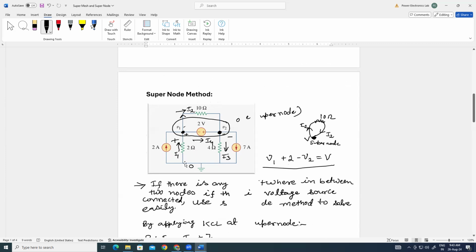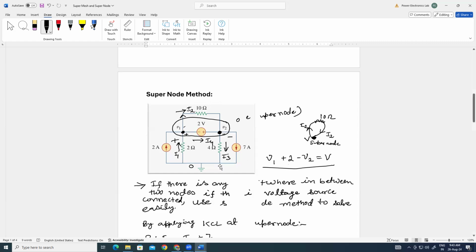So what will be the value of I1? I1 we have to identify because we don't have the value of V1. In terms of V1 and V2, there is a difference between V1 and V2.